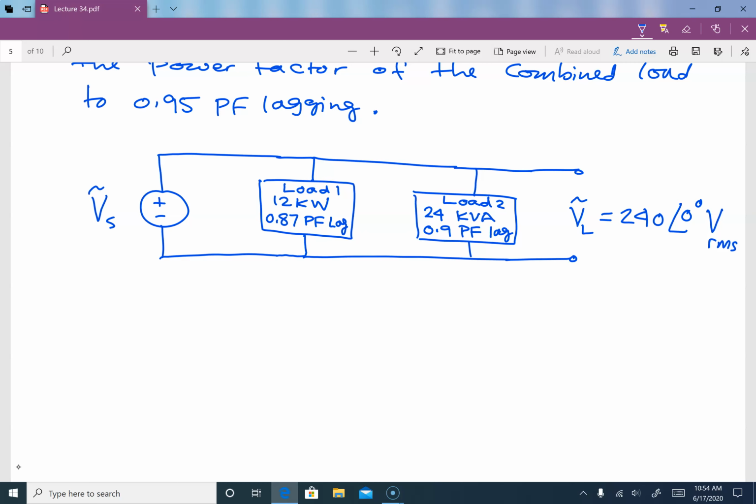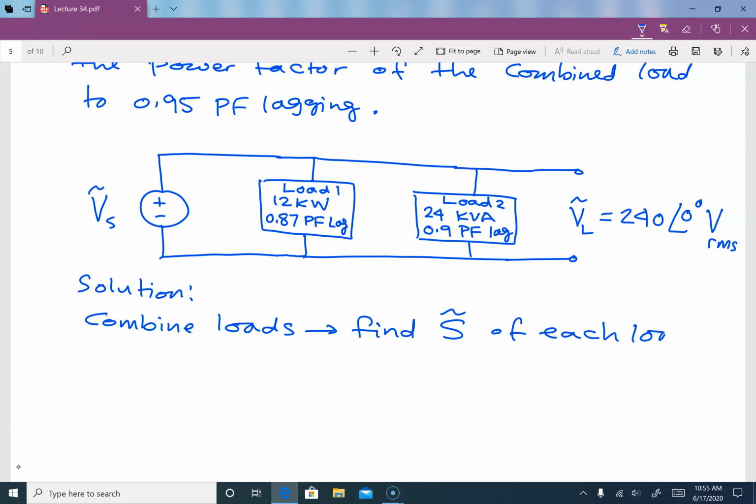The idea to combine both loads is to find the complex power of each load, then add them together.